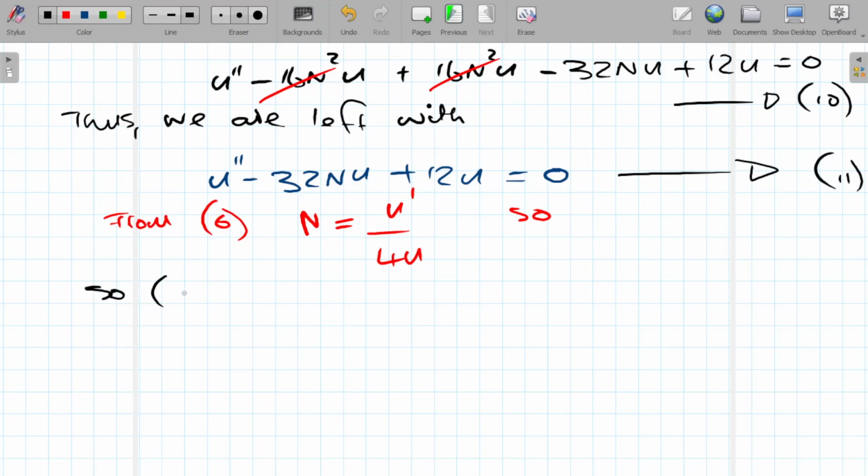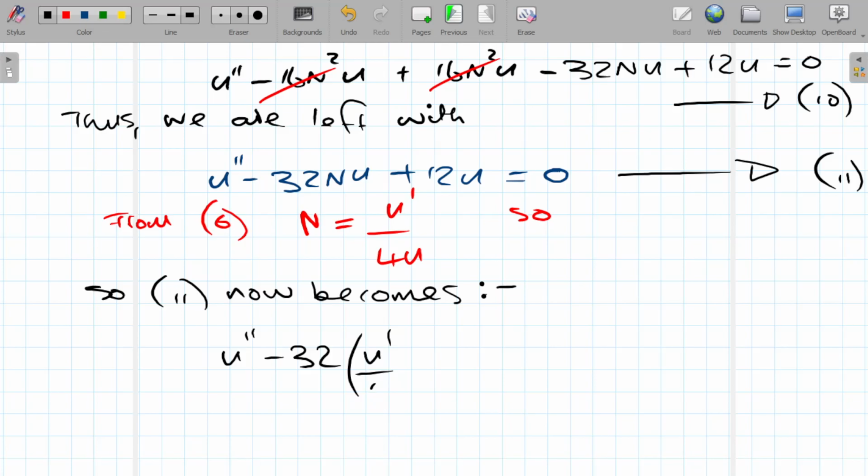So equation 11 now becomes u double prime minus 32 times u prime over 4u, times u, plus 12u equals 0.